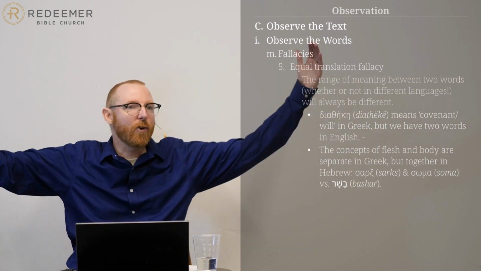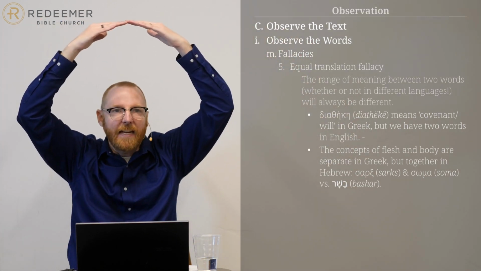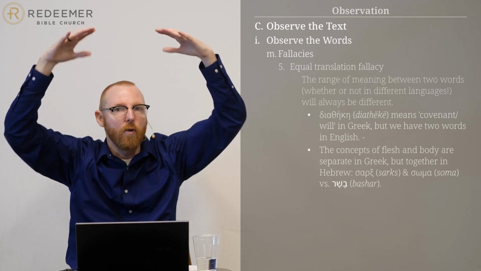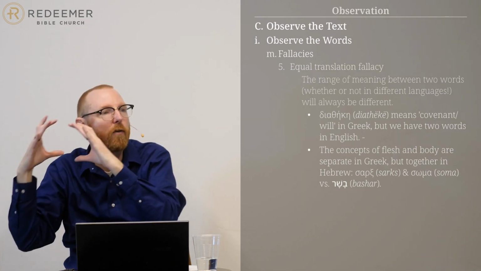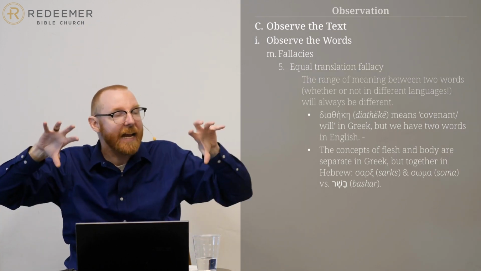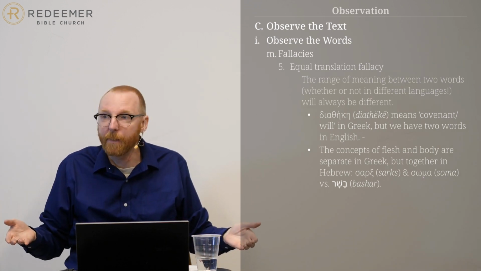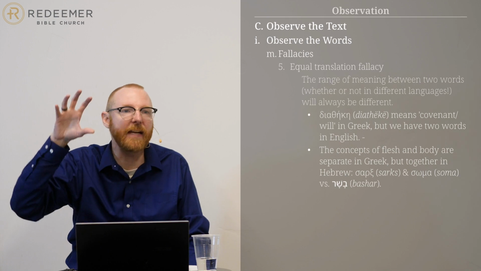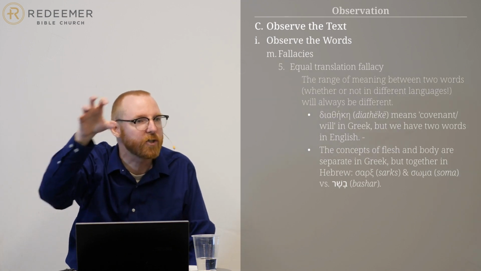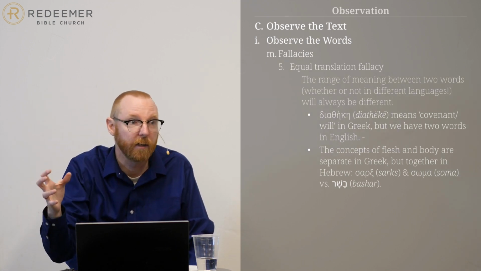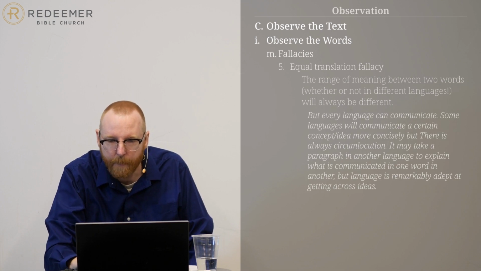No, to go back to the circles, the Greek word diatheke is a bigger circle than our word for will or our word for covenant, and you can't just think of it as one of those because their word is bigger than ours. Does that make sense? So don't think you've got to always use one word to translate this word. It won't work.